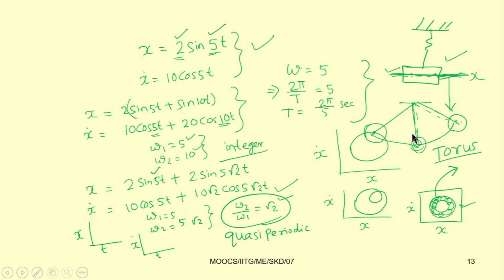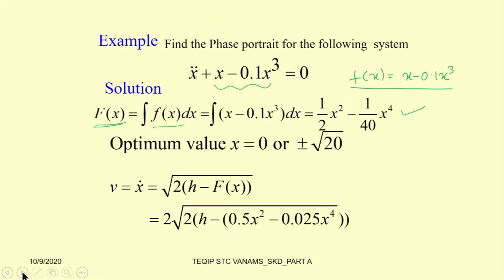So, potential energy is maximum here, minimum here, and again maximum here. So, the optimum value of x we can get at x equal to 0 or x equal to plus minus root 20.